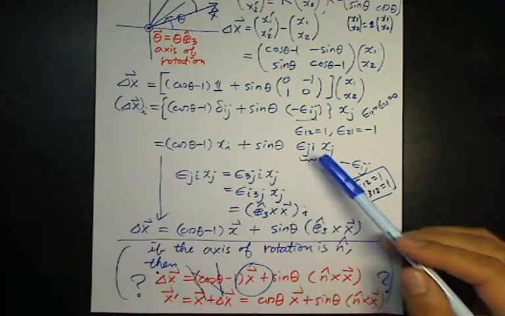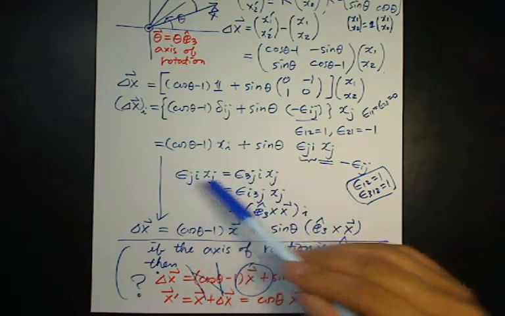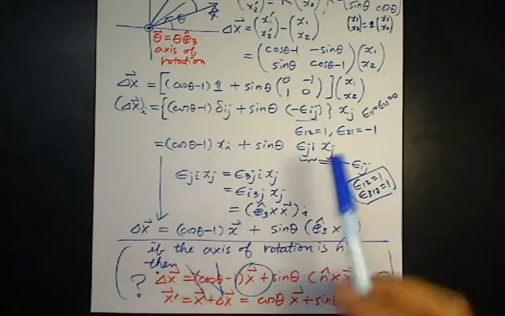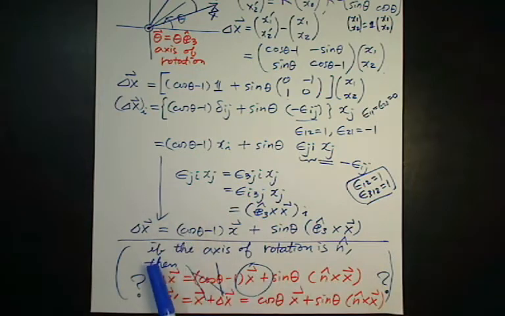As a result, this one is replaced with the ith component, and summing over all the ith components, we reconstruct the finite change of the vector due to the rotation by a finite angle theta about the z-axis in such a way.